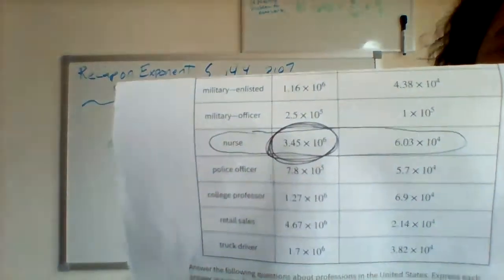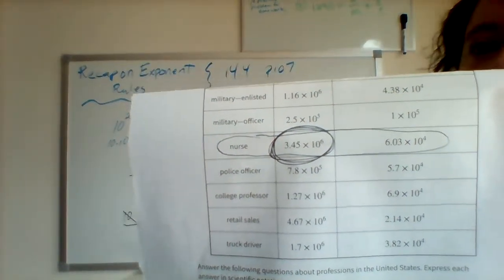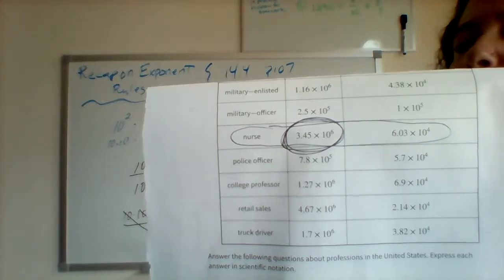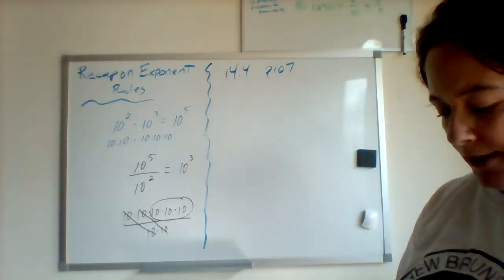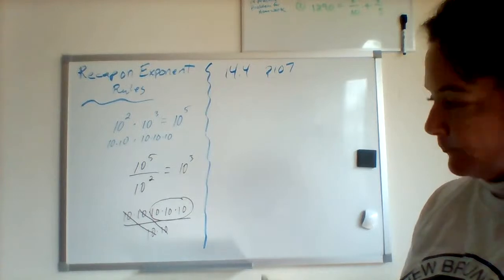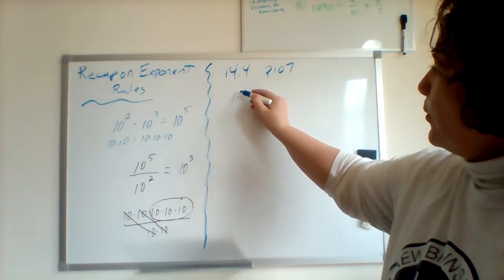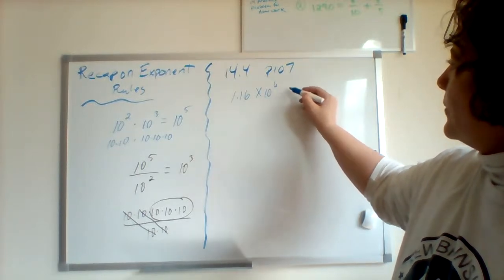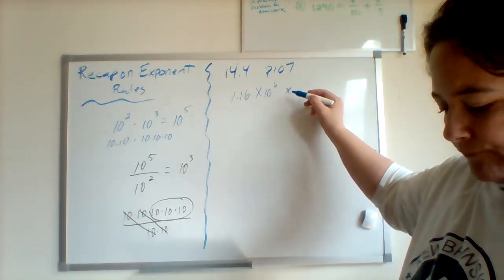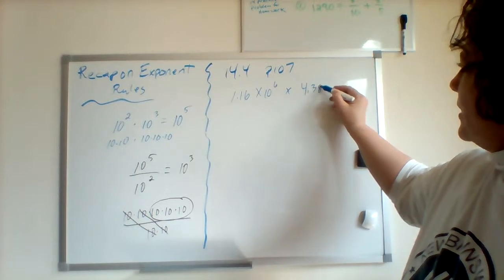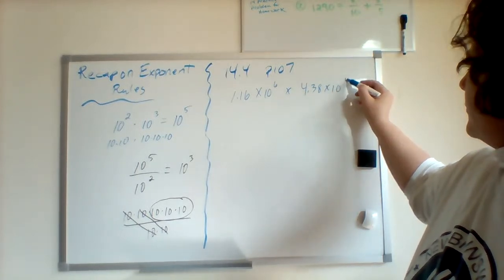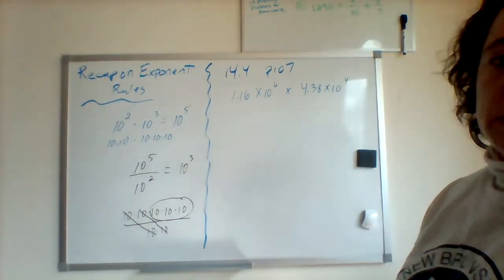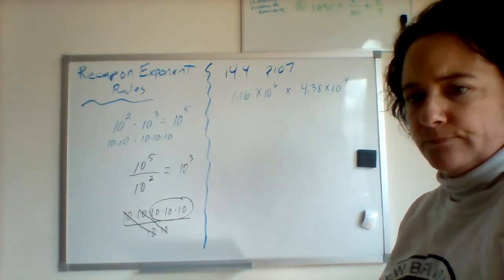Okay, let's take a look at enlisted. We would have to multiply to find out all together. That is 1.16 times 10 to the 6. We have to multiply that by 4.38 times 10 to the 4th power. And that's for enlisted. So what is that?